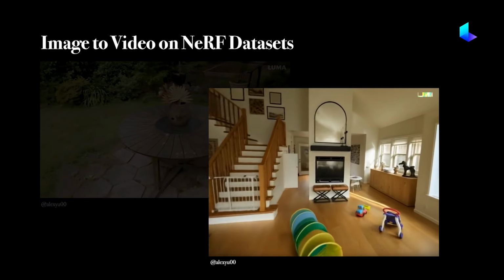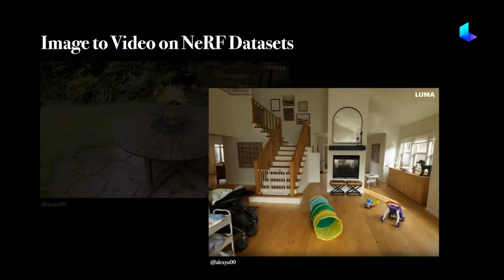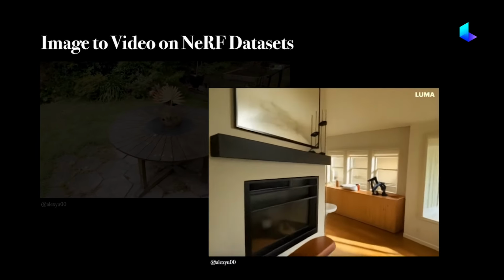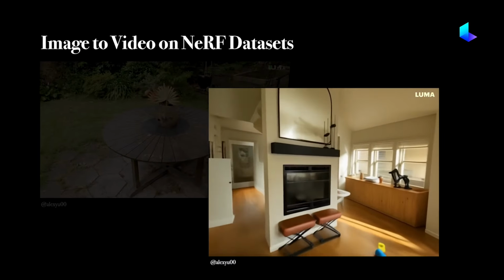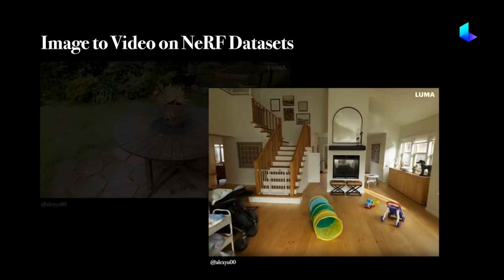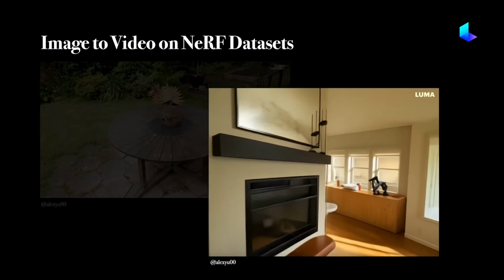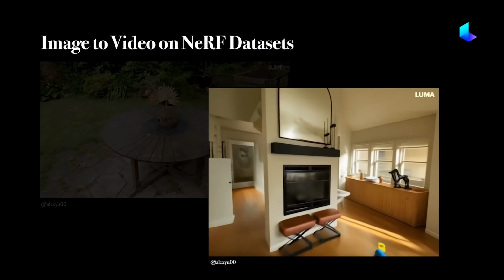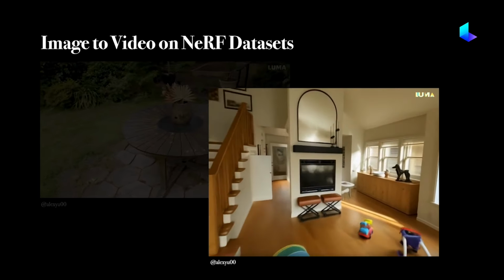The second example is from this paper called Zip-NeRF. And here we are also given the first frame of the image and try to generate 5 seconds of video on top of it. What's really interesting is the reflections of the background in the TV. So as the camera moves, the TV's reflection also seems to move consistently with what seems to be in the physical world, which might be a window that shines light onto this TV.